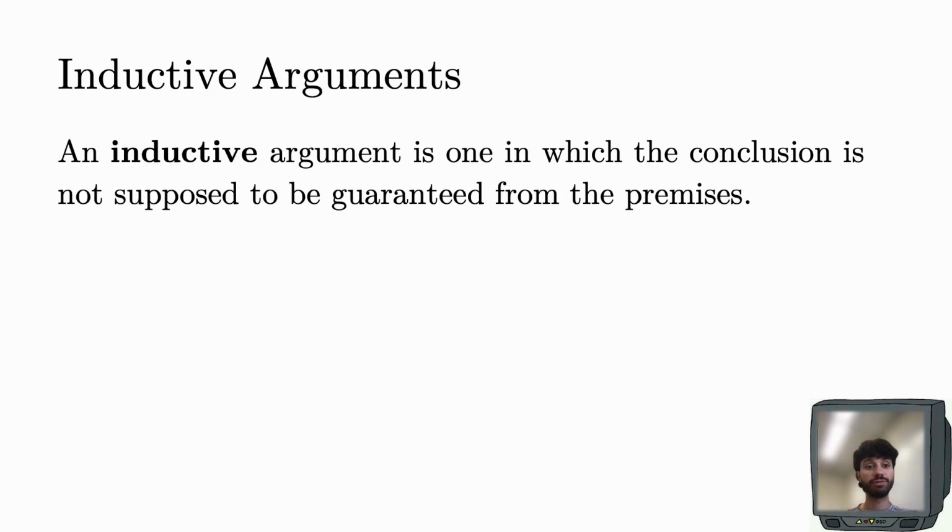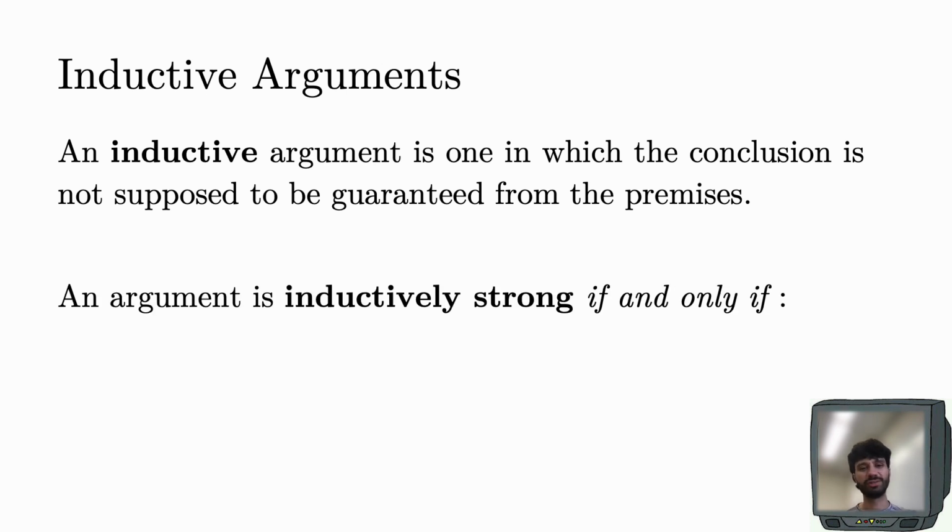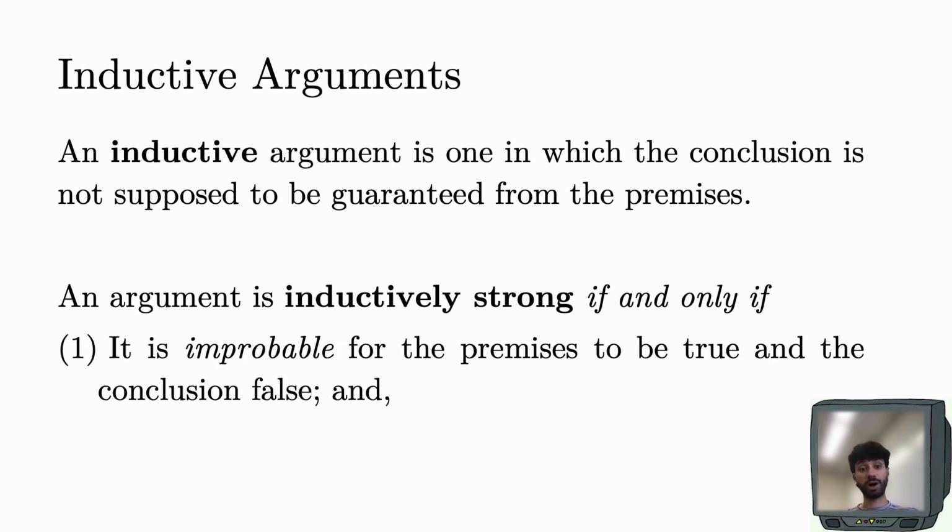Okay, so an inductive argument is one in which the conclusion is not supposed to be guaranteed from the premises, right? In a deductively valid argument, the conclusion is guaranteed from the premises. But a good inductive argument, we call it inductively strong. And it's inductively strong if and only if it's improbable for the premises to be true and the conclusion false.